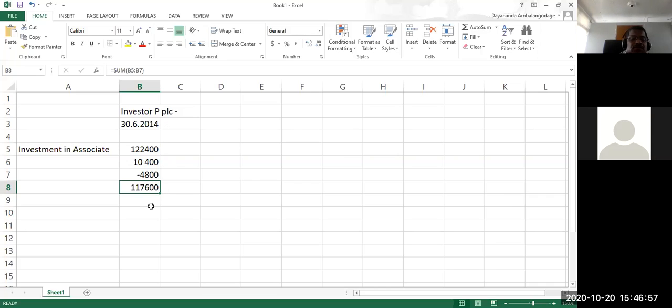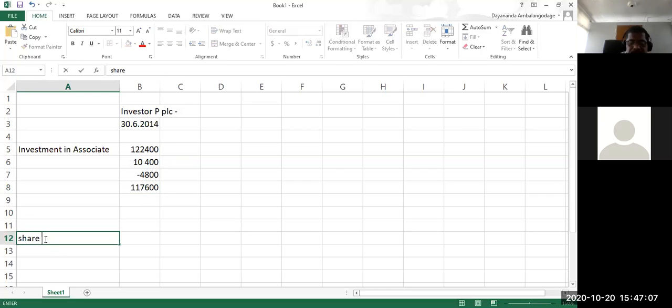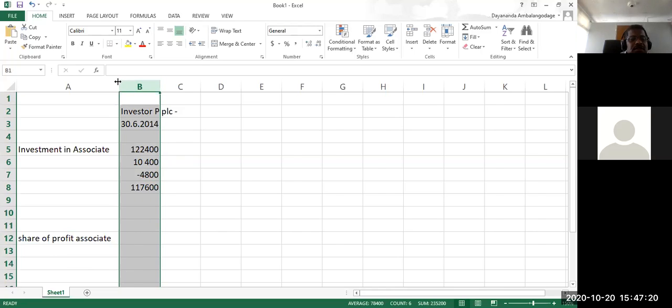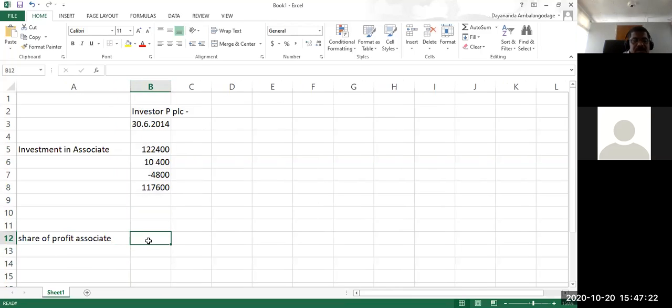But when you prepare the profit and loss, the share of profit in associate would be 10,400.